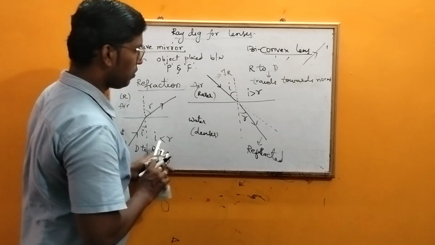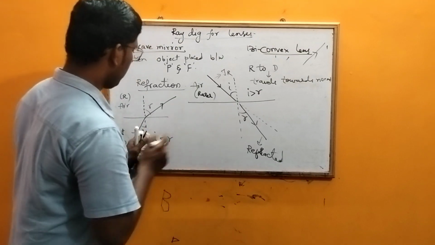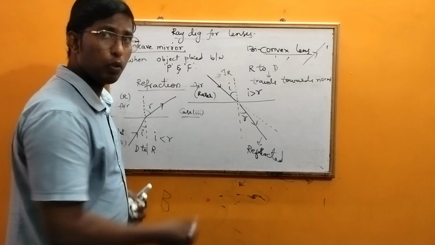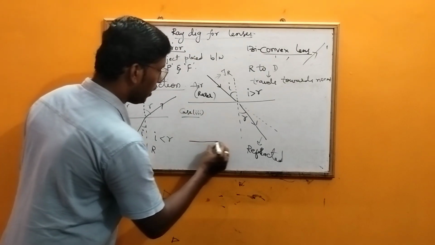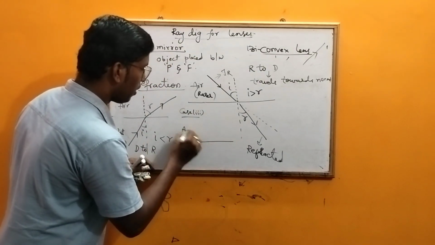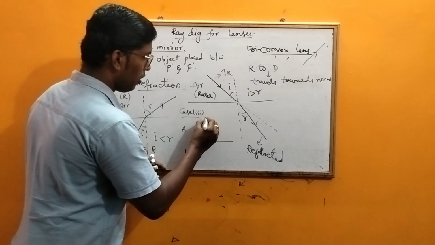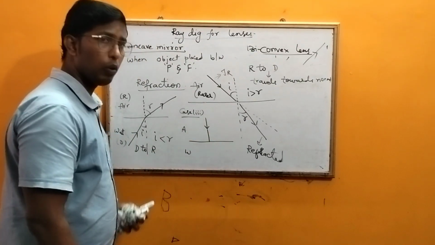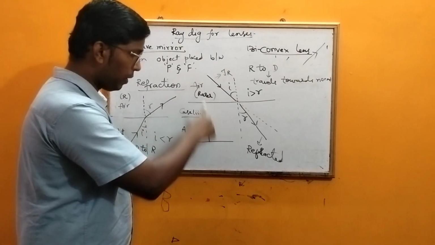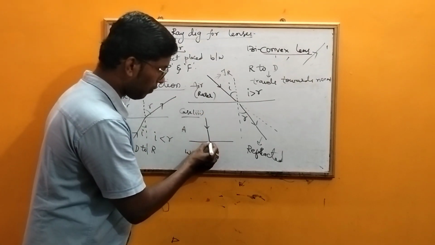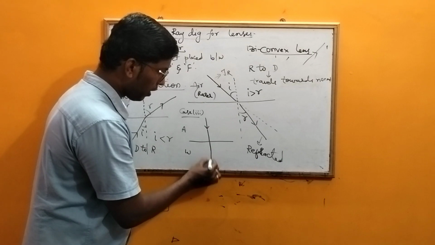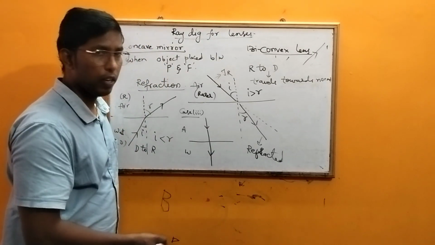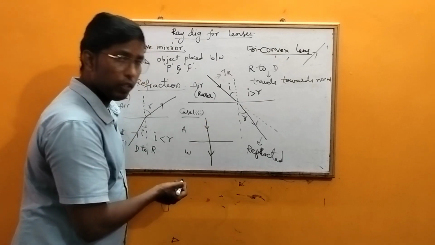Let us consider the third case, case 3. Please note down. Again, same medium, water and air above surface. If I pass an incident ray exactly perpendicular to the surface, what happens after refraction? It travels straight. And where is the normal line?